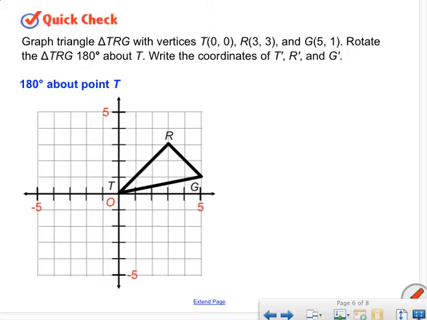So it's going to be a counterclockwise rotation. 180 degrees, about point T. I need you guys to figure out what your new points are going to be. Take a guess. See if you can figure it out. I'm going to reveal the solution to you in a second. What does the above mean again? It means that's the place you're going to spin it around.